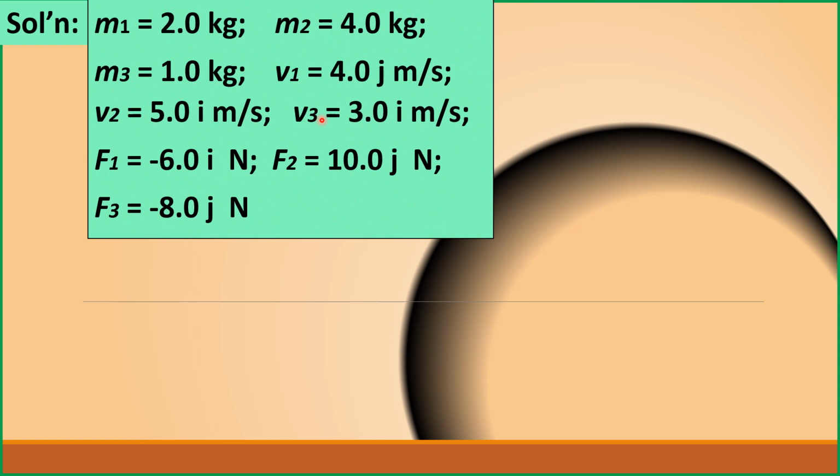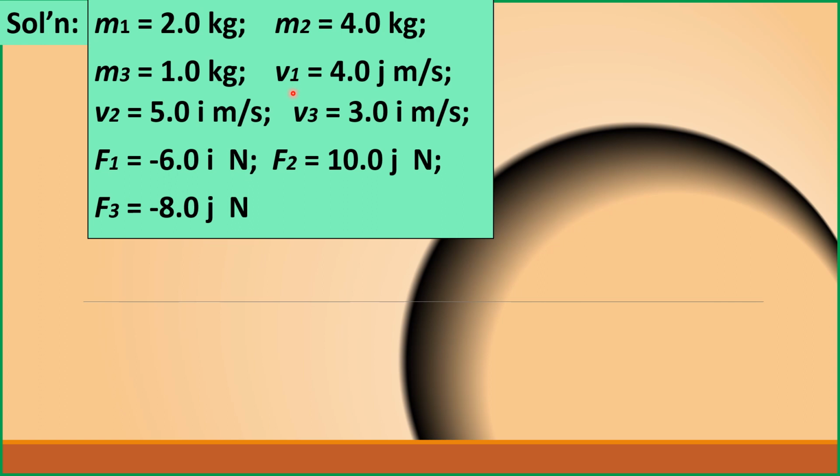Before we proceed to our computations, we have here a summary of all the data given. All right, so let's have a recap. The mass of particle 1 is equal to 2.0 kilogram. Mass of particle 2 is 4.0 kilogram, and mass of particle 3 is 1.0 kilogram.